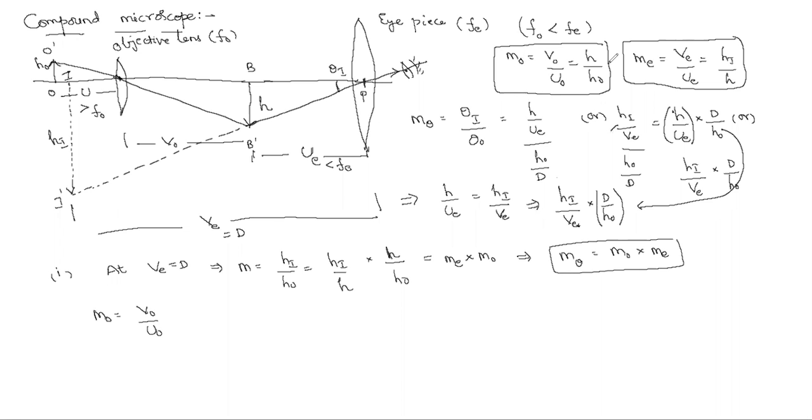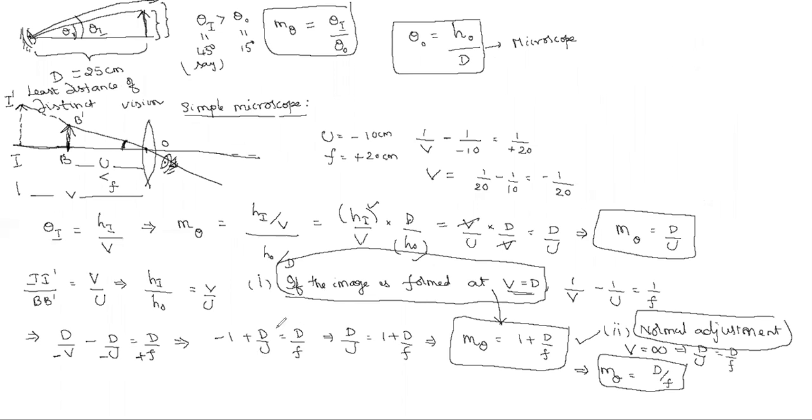Here nothing confusing. M_O is equal to v naught by u naught. M_E is equal to v_e by u_e. Now v_e is D, so D by u_e. The final image is formed at v equal to D. Then D by u is how much?